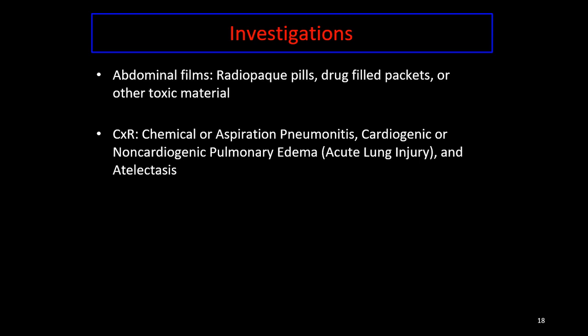Now during investigations, when you do abdominal x-rays, sometimes you may find radio-opaque pills or a drug-filled packet, and on a chest x-ray you may find findings of aspiration pneumonia or non-cardiogenic pulmonary edema, acute lung injury. So which poison is known to impact the lungs? Which poison causes lung fibrosis? Paraquat.